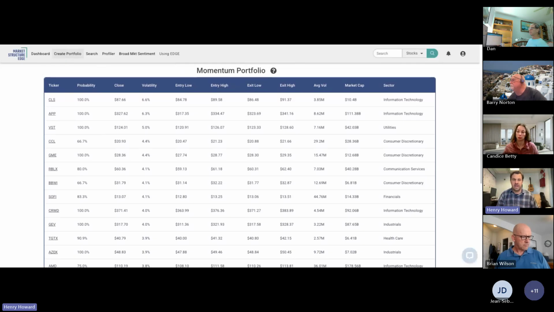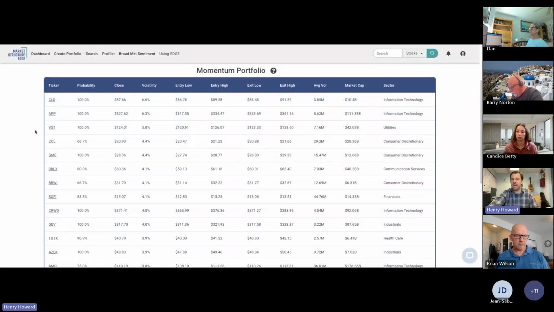You can go in there and adjust the parameters, but these are the ones from a long only perspective that have given the highest probabilities of returns. So I tend to sort these by probability. It's only after I've looked at broad market sentiment, big tech, and the number of components and momentum that I'll shift over here. And then I'll sort by this, and I'll just pull these names up.